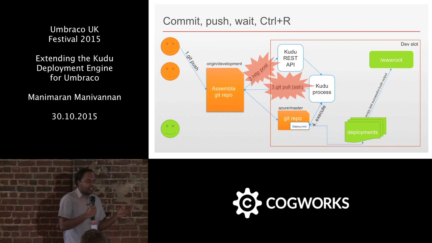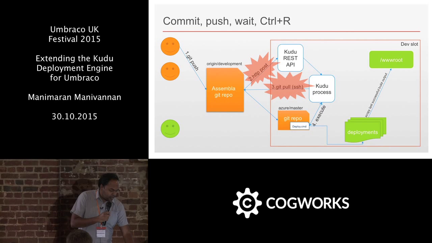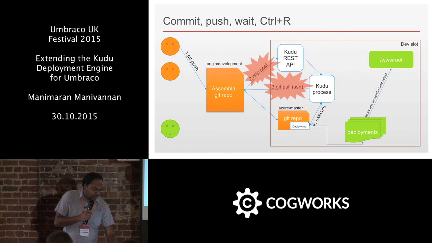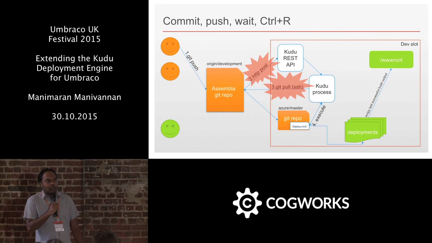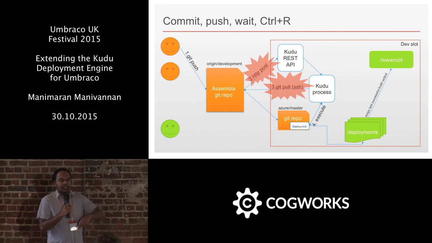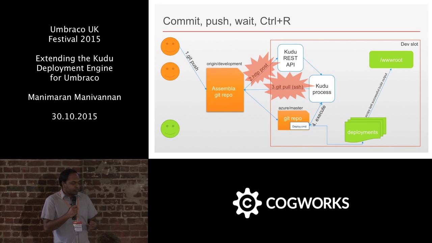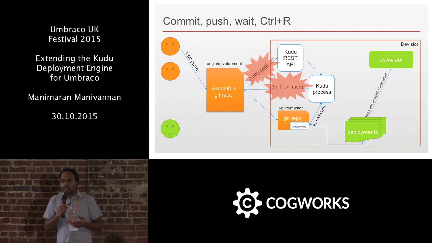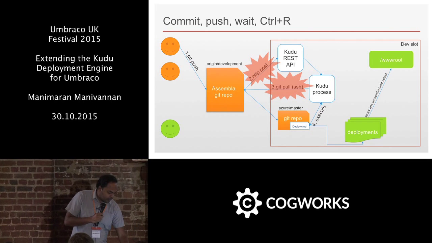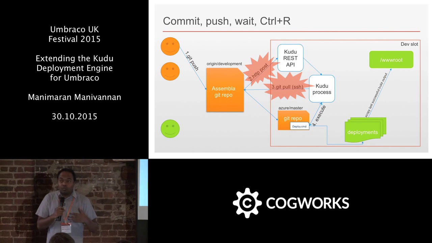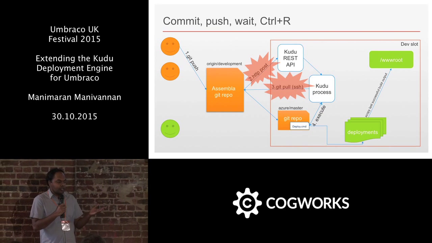At this point, Kudu will go and pull the source, and it will look for a file called .deployment, which in turn has the command which it needs to run. For most ASP.NET websites, it is a batch file, deploy.command. Whatever is in the deploy.command gets executed.